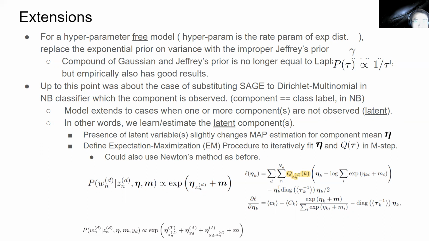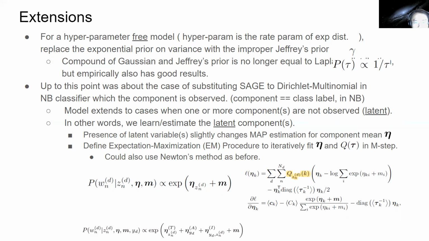But now the normal distribution is still there, but the exponential distribution involves a hyperparameter, which we don't want to deal with. Because of that, we replace the exponential distribution with the Jeffreys prior distribution, which doesn't involve any hyperparameter; we can just take the inverse of tau, the variance for each term. Now we no longer have to deal with choosing the hyperparameter.